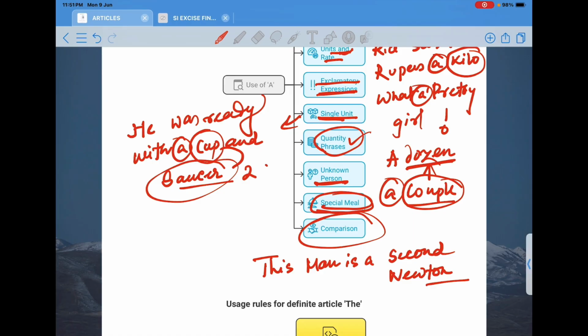In this case, "man" is a common noun, and "second Newton" is a proper noun made common. So when we make a common noun of a proper noun, in that scenario also we will use "a". So this was about the article "a", use of "a".